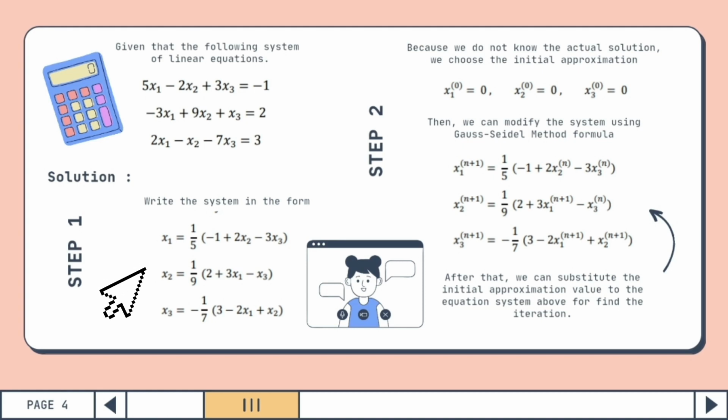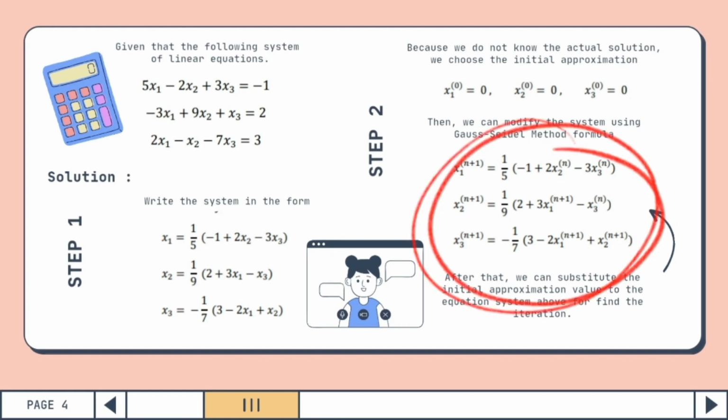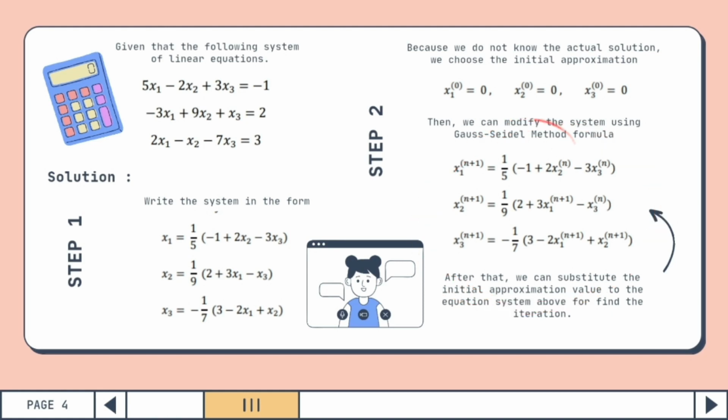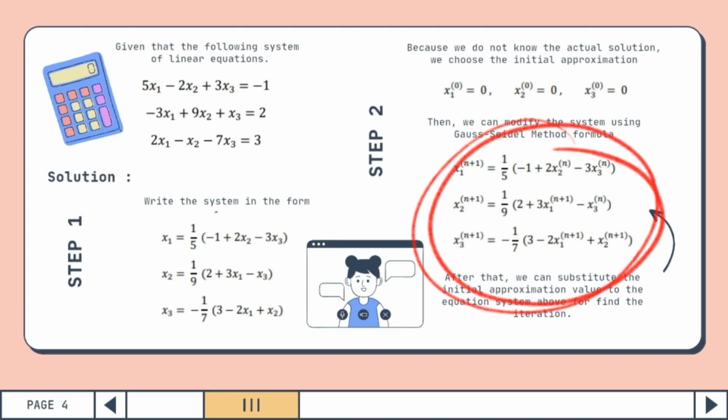From this form, we need to modify the equations using the Gauss-Seidel method formula. From the first equation, we get x1(n+1) equal to 1/5 multiplied by (negative 1 plus 2x2(n) minus 3x3(n)). The second equation gives x2(n+1) equal to 1/9 multiplied by (2 plus 3x1(n+1) minus x3(n)).